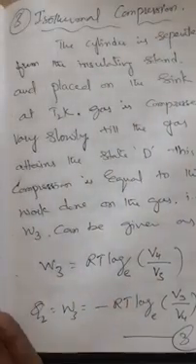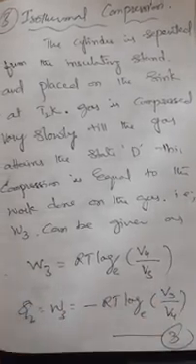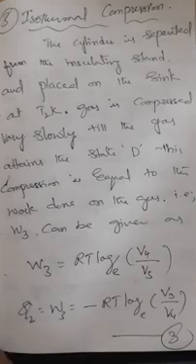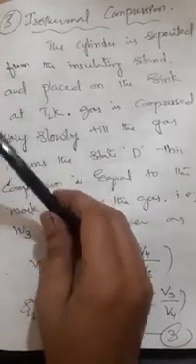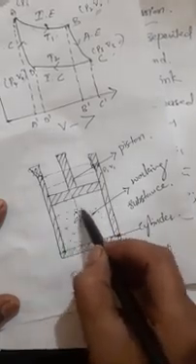Now come to the third point, that is isothermal compression. Compression means, and isothermally means that the temperature again remains constant. Now the piston is moved in the downward direction. So the cylinder is separated from the insulating stand and placed on the sink.